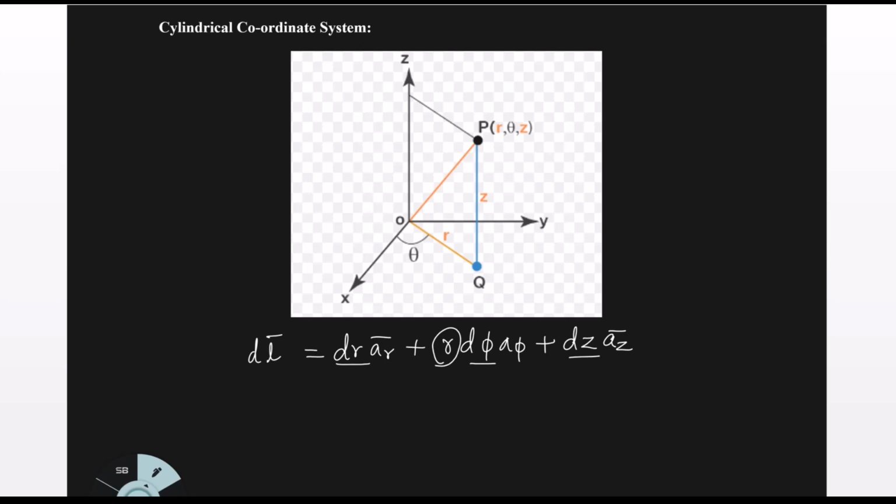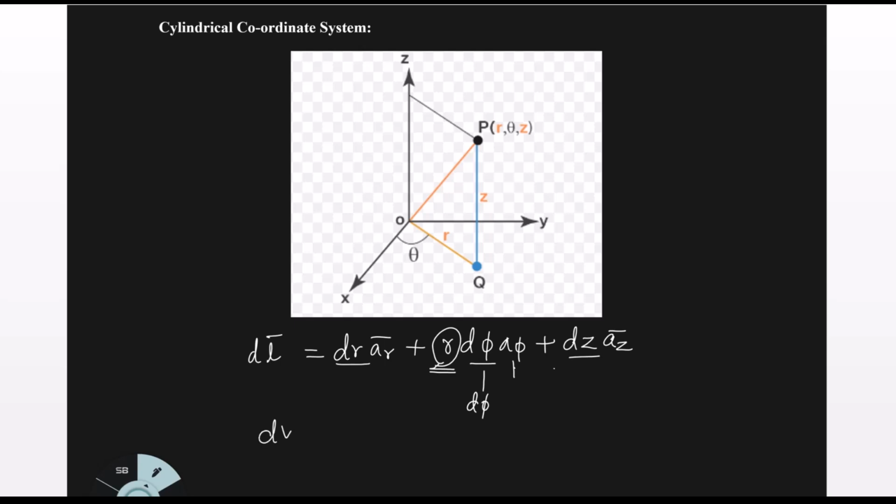Why is r included? In the phi direction the angle is moved by a differential angle change d phi, so there exists a differential arc length in the phi direction, and that arc length is r d phi. So dl vector equal to dr ar vector plus r d phi a phi vector plus dz az vector.